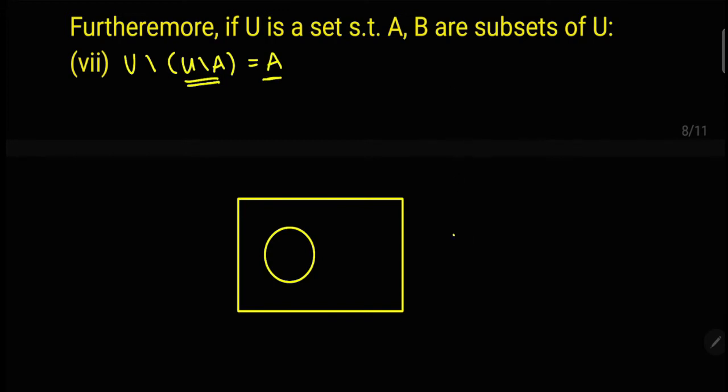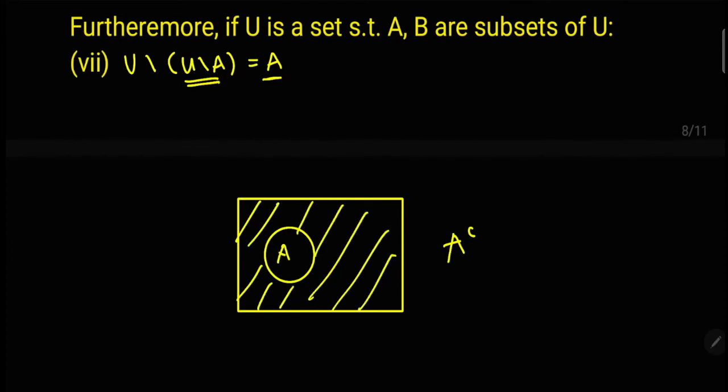So this is simply A complement, the set outside A. Now, if you get the complement of that, what is the complement of the shaded region? Of course, it will be the unshaded region, which is A. So if you get the complement of this, you get A again. So that's what we mean by this property here. Okay? The complement of the complement is the set itself.